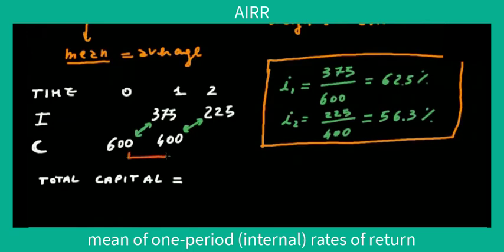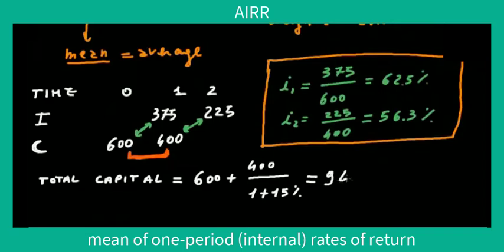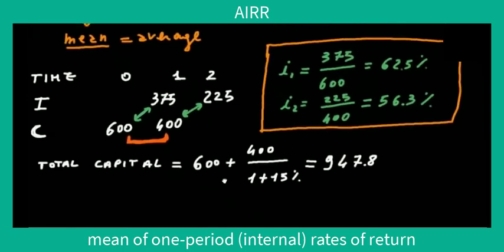Given that the invested capitals differ by 1 period, we have to compute the present values of the capitals. So we sum 600 and the present value of the second capital that remains invested in the project. We remember that the cost of capital is 15%, and we get the total capital invested. The total capital invested is 947.8.